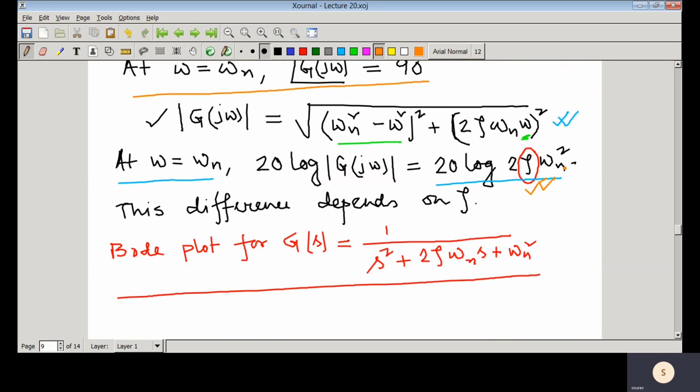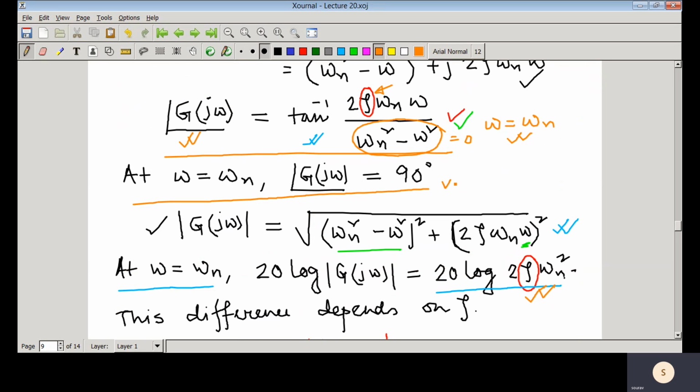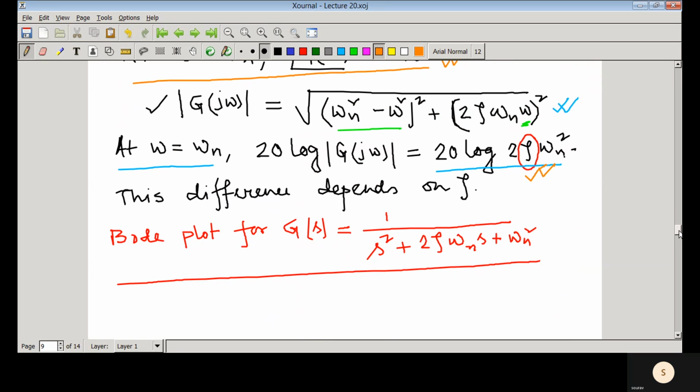So repeating, whenever we have a second order factor, at omega equal to omega n the angle is always 90 degrees, but the gain is different because it depends on zeta.